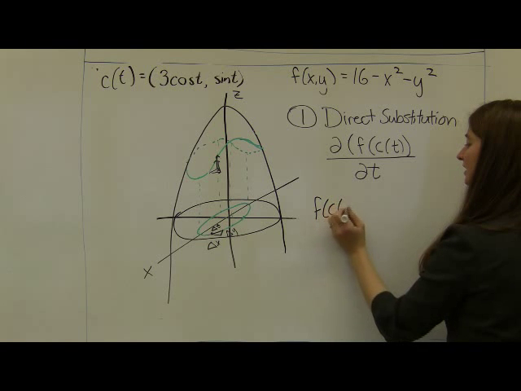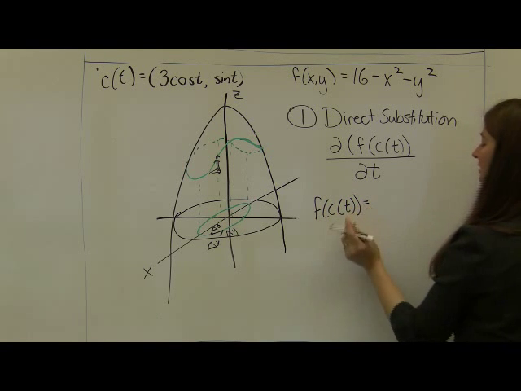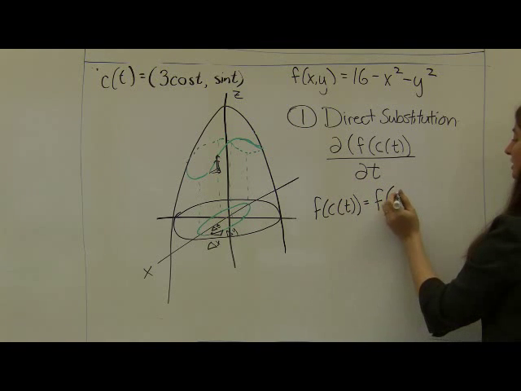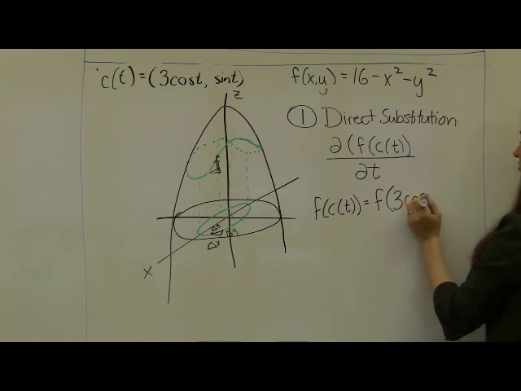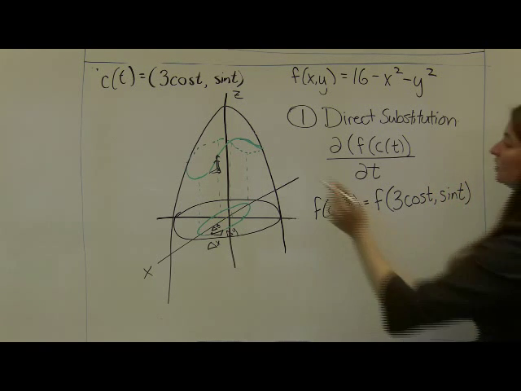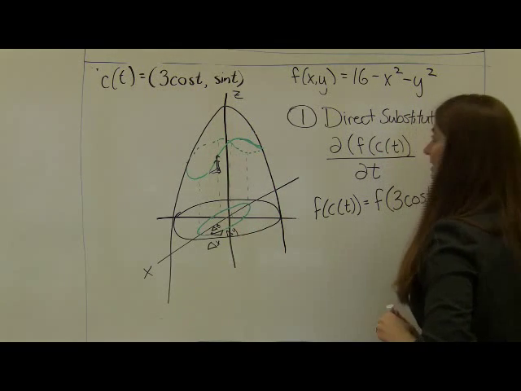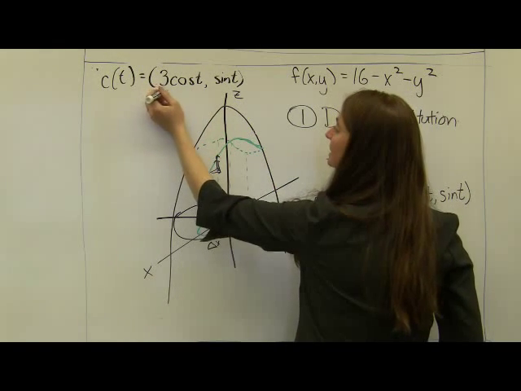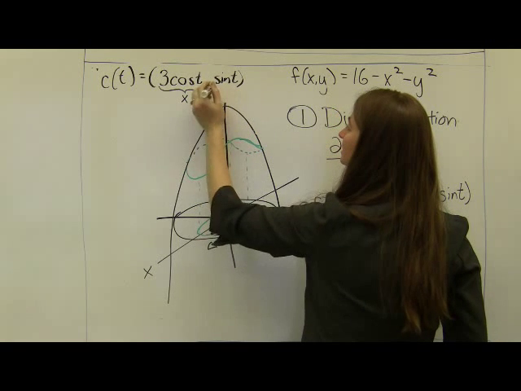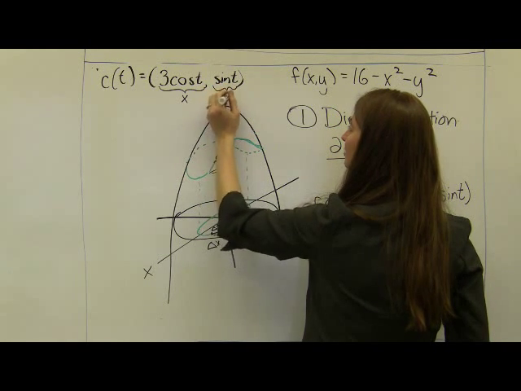f of c of t, I'm just taking my c of t function and plugging it into f. My c of t function is given by 3 cosine t, sine t. And recall the way that this is written, and maybe I should write this up to remind us as well. This is saying that my 3 cosine t is my x component, and my sine t is my y component.